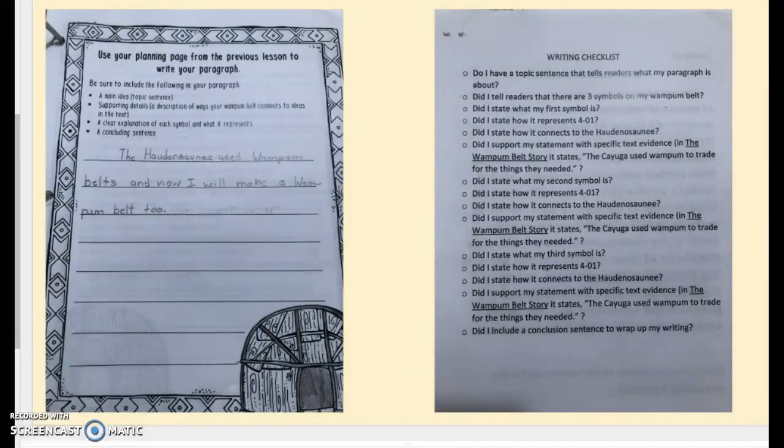This was the beginning of a planning page for a paragraph, so it's just the start. I didn't have the time to go and get a little bit more of the rough draft, but you'll see over here on the right a writing checklist.